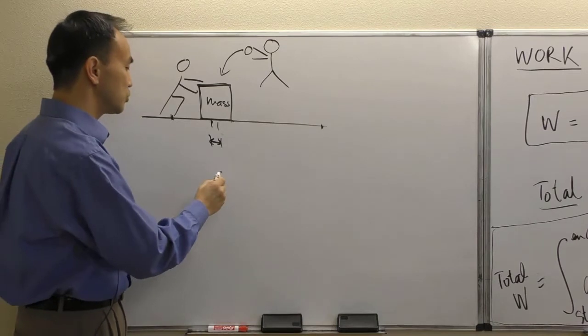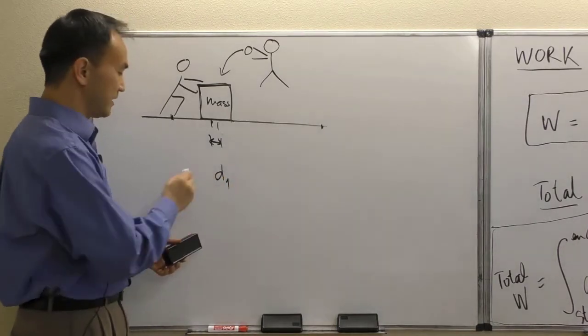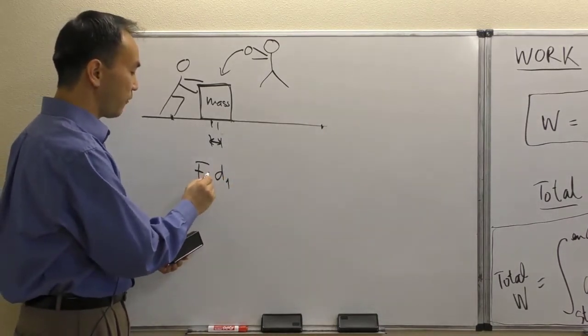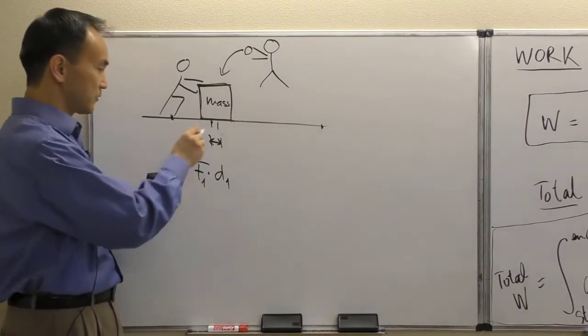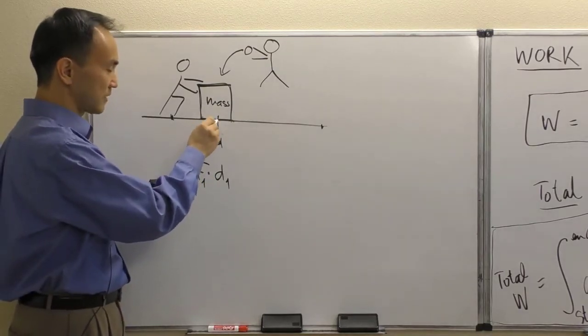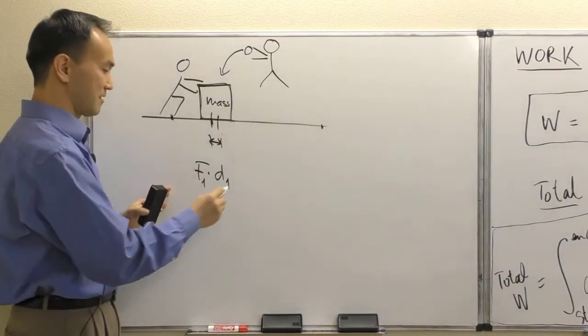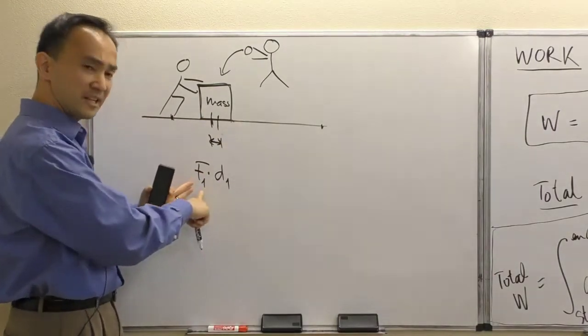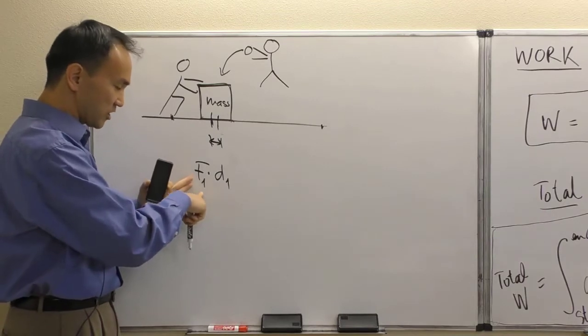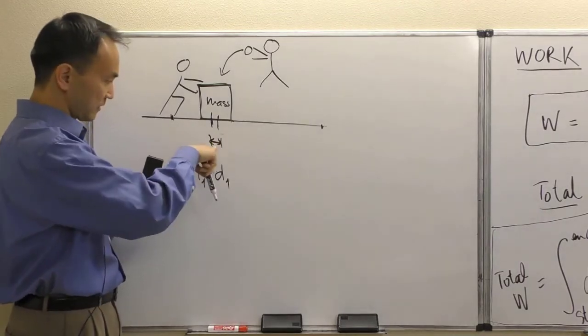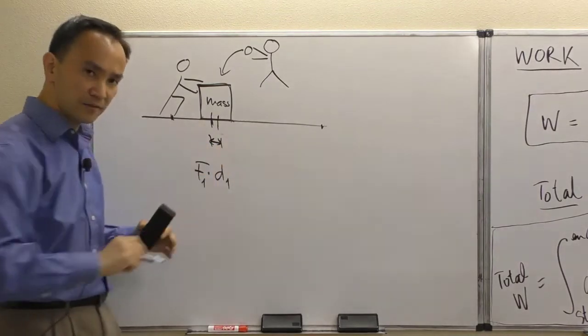How about it's a distance 1, d1. We multiply that with the amount of force that he's exerting. So for that small little distance, that's how much force, but only existing in that small amount of distance.